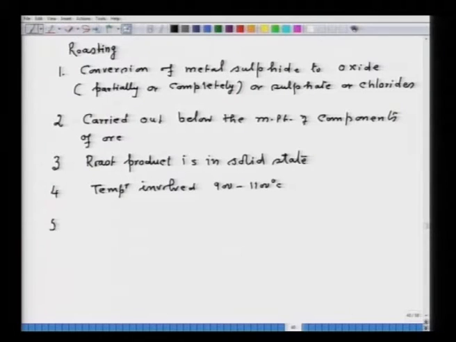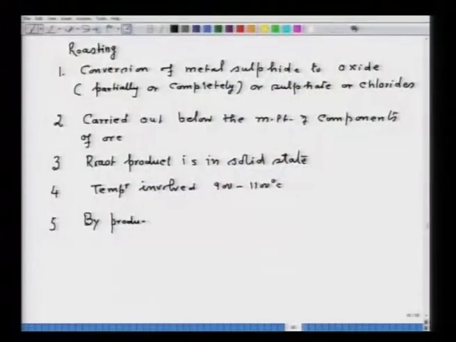Another important manifestation of roasting is that the product is roasted ore or roast product, whatever you want, and the byproducts of roasting are SO2-rich gases, because sulfide ore has 20% sulfur or even 30% sulfur depending on the deposit.